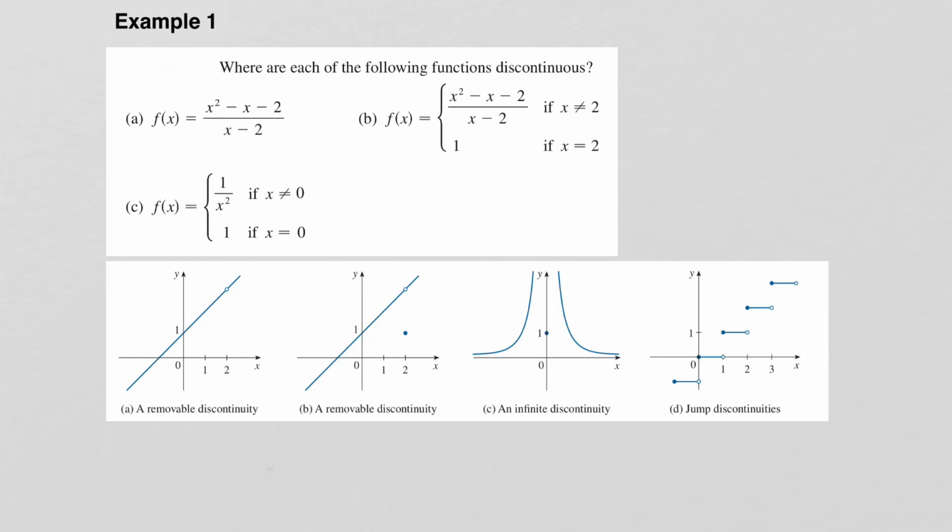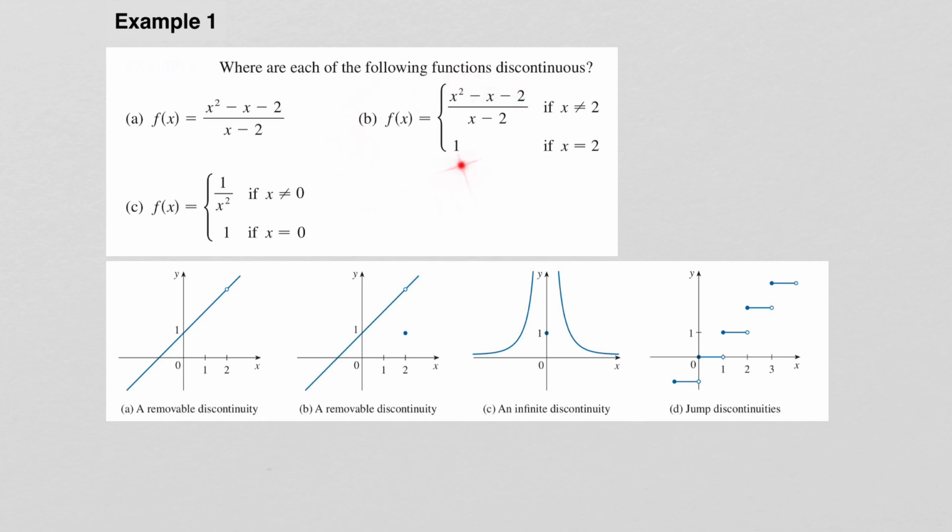Now, I thought I would bring in the graphs of these functions just to show you what's happening here. So in the first example here, the graph looks like this. So it just has a hole in the graph at x equals 2, and that is why it was not continuous at x equals 2. And this is called a removable discontinuity, because all we've done is we've removed a point from the graph.